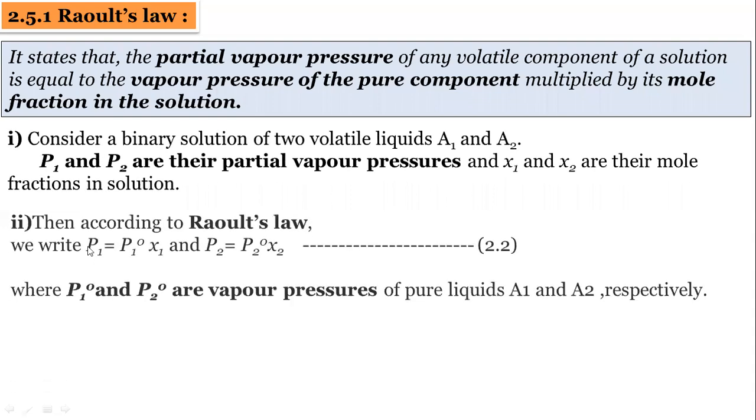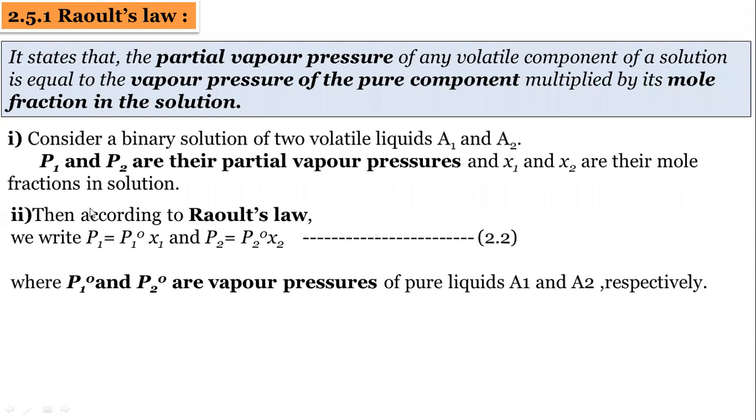So this relation clearly indicates P1, the partial vapor pressure of any volatile component, is equal to P01, the vapor pressure of the pure component. It may be solute or it may be solvent, and its mole fraction.